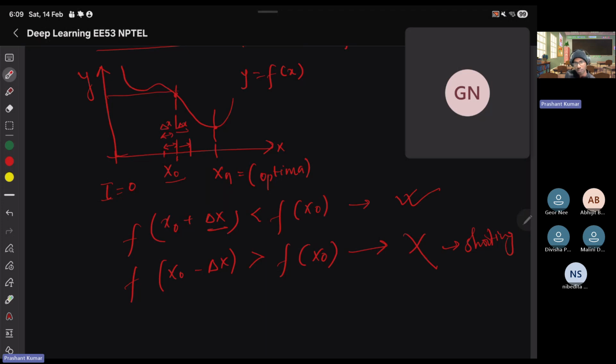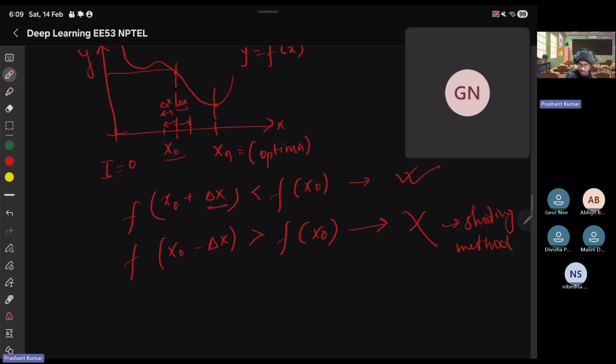So you have taken the x and you are perturbing your initial guess and checking, are you moving towards the optima or not? Or you take the slope here at x naught, and since this is the positive slope, this is the negative slope. You remember, okay? x1. This is a positive slope, this is a negative slope.